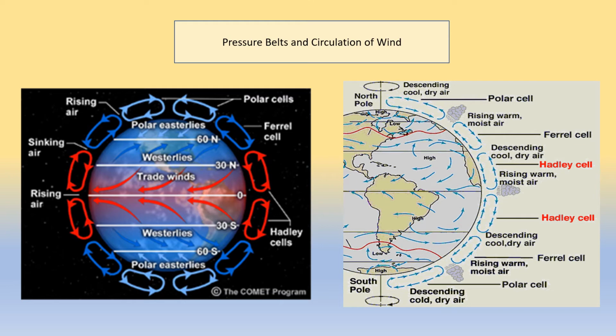Around 30 degrees latitude, the air descends, and it's very interesting, children, a part of the air flows towards the equator and a part of the air starts moving towards the poleward margin. Now again here a circulation of air takes place.